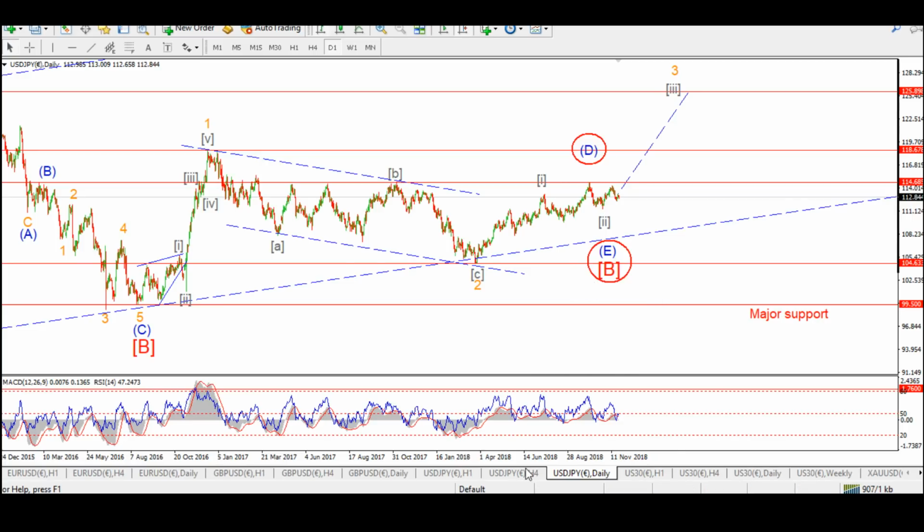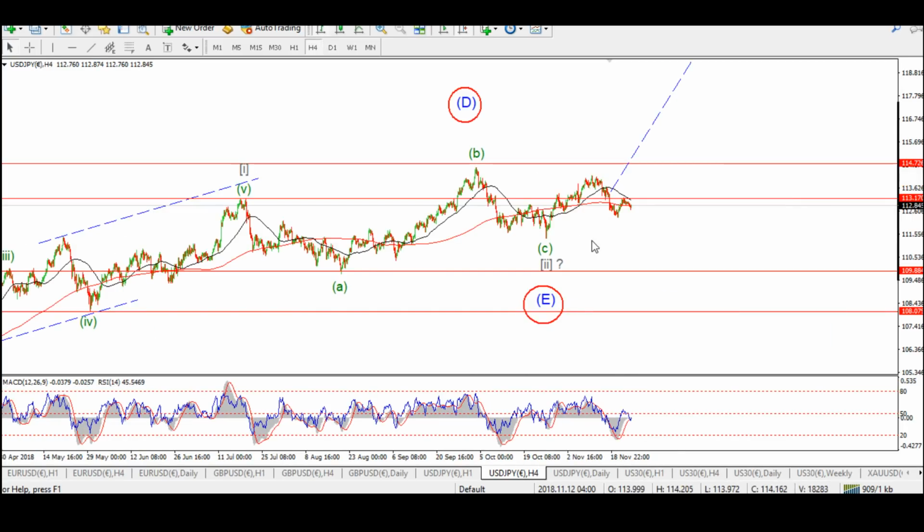But let's get to the 4-hour chart. We have had 5 waves up off a recent low, which is kind of facing towards the bullish direction again.